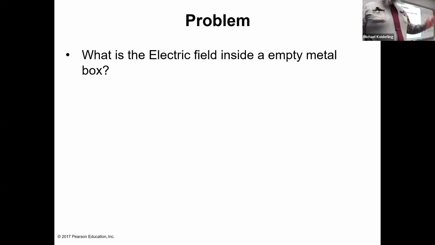So what would the electric field be inside that empty box? You could also think about it in Gauss's law: if you draw a surface anywhere inside the box, the charge it encloses is 0. It's empty. In an empty metal box, the electric field is 0 because the metal effectively shields from the electric field.